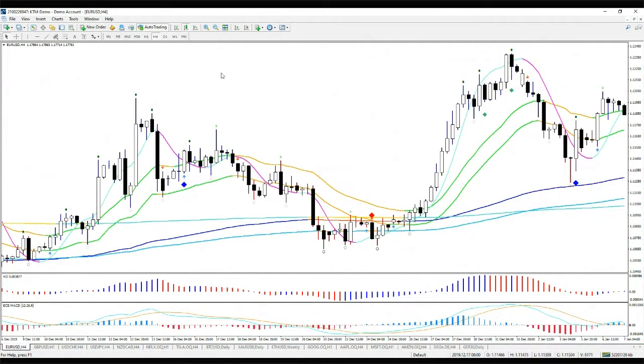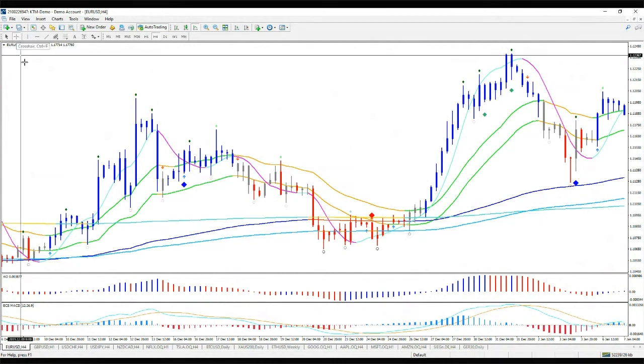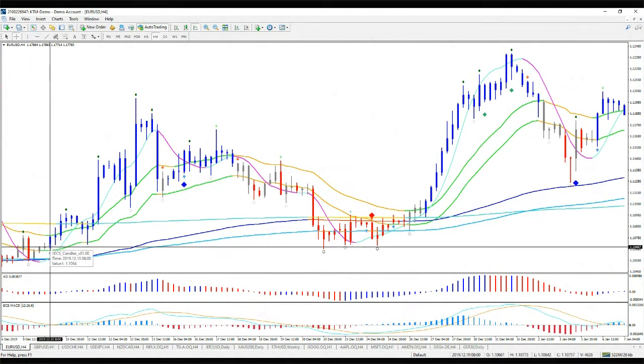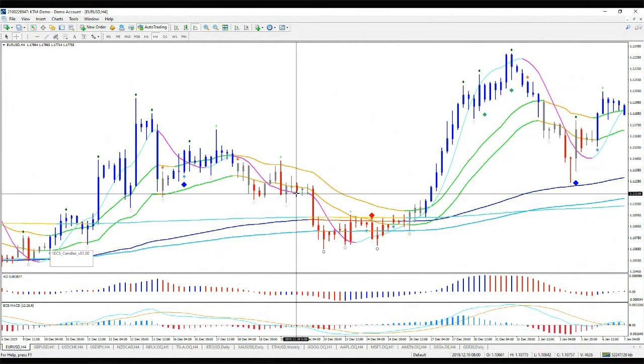Another thing, if you are a SWAT member, is SWAT candles. I'm not going to dive into this that much because people who are not SWAT members cannot use this, and I don't want to bore people with something they cannot use. But very quickly, SWAT candles are blue, gray, red. When the blue candle starts, that's one swing to the top. When the red candle starts, that's one swing to the bottom.